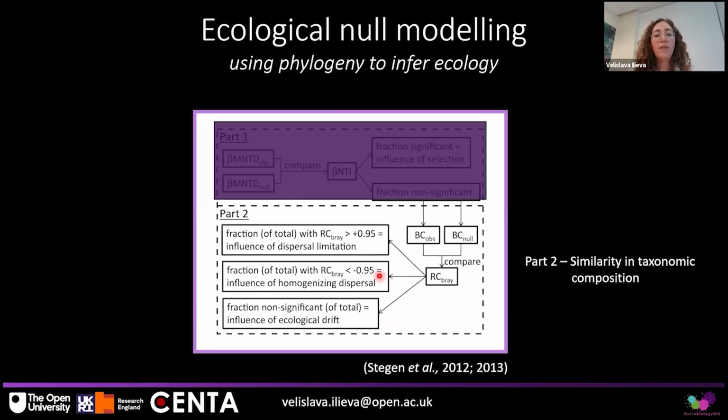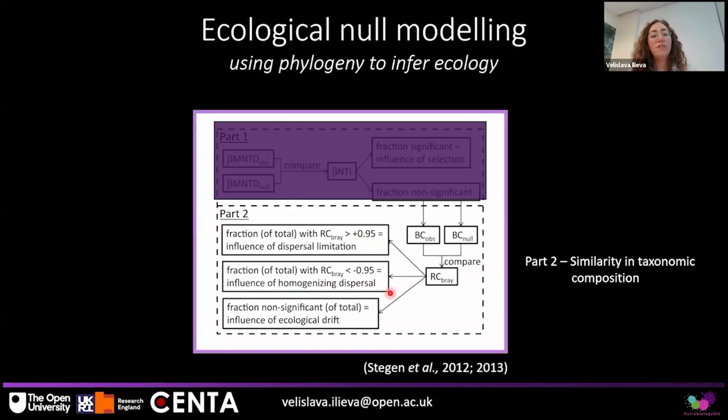What we are doing there is that if two communities have fewer species that they share together, they are influenced by dispersal limitation, essentially meaning that species from community A cannot travel to community B, so there's no exchange.